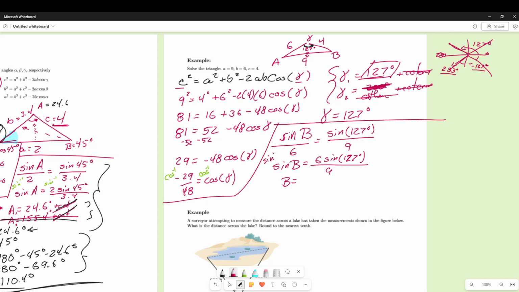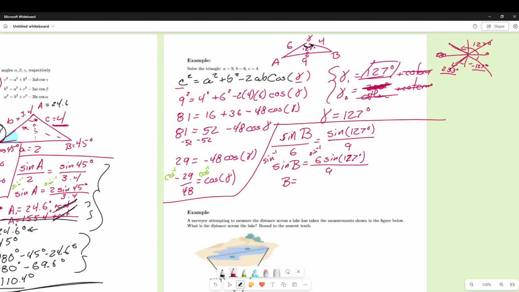So sine inverse, and sine inverse of 6 sine 127 divided by 9.